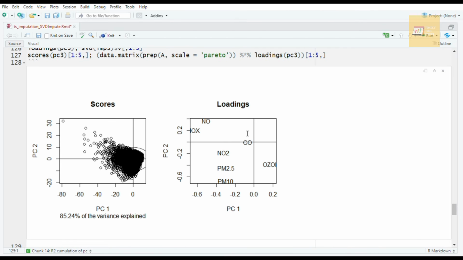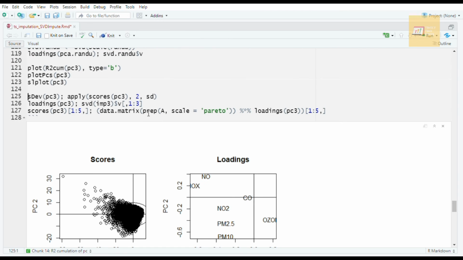And for the loadings plot, here we can see the direction for each principal component. This is basically the linear combination of the variables. So ozone is 0.2 times principal component 1 minus around 0.4 times PC2, and so on.